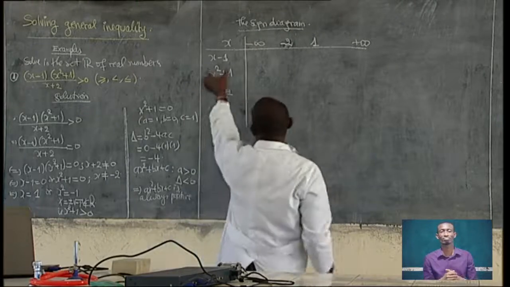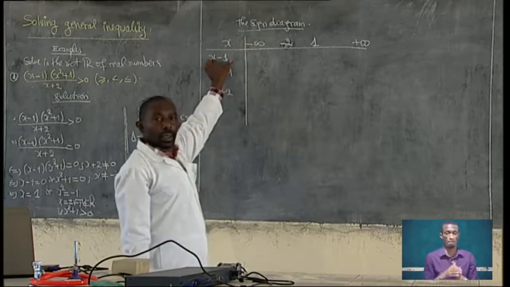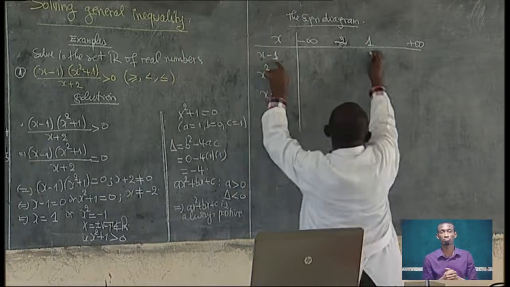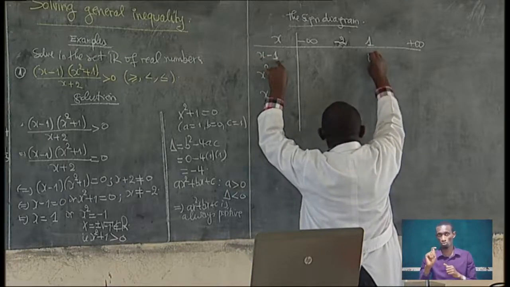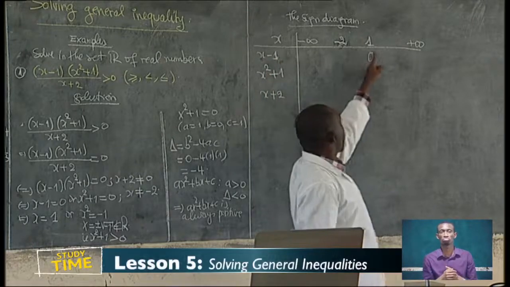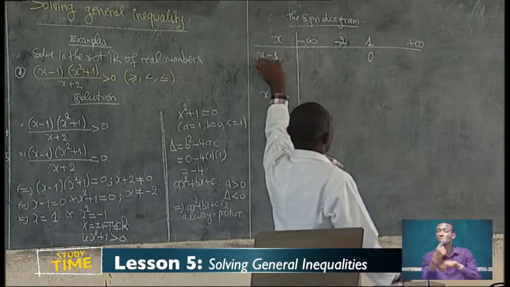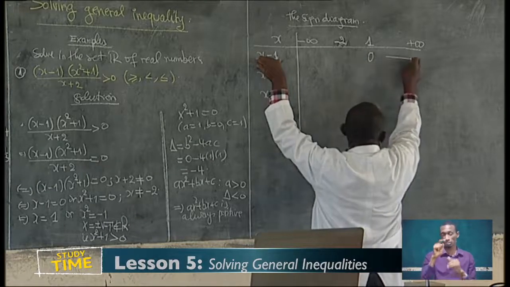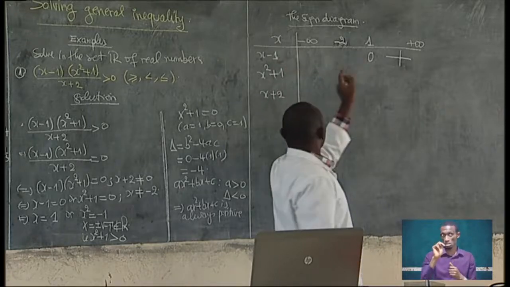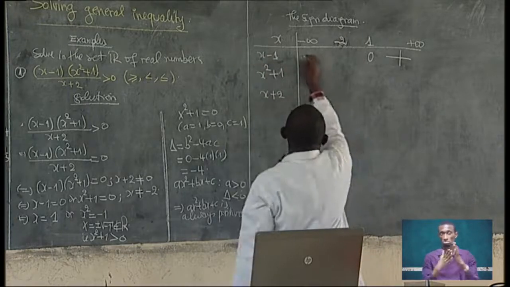For x minus 1, the root is 1, meaning that here it is 0. For any value of x greater than 1, x minus 1 is positive. For any value of x less than 1, x minus 1 will be negative.